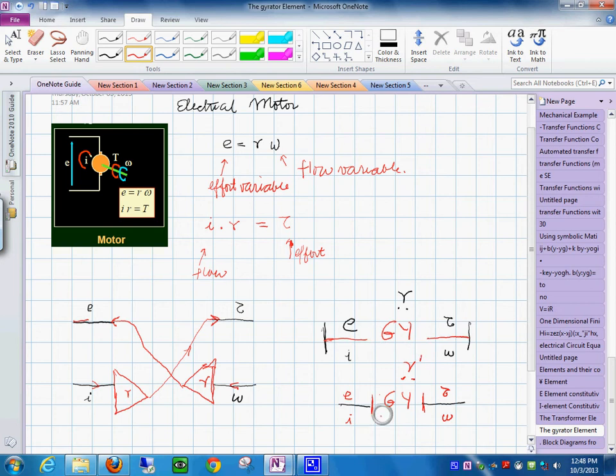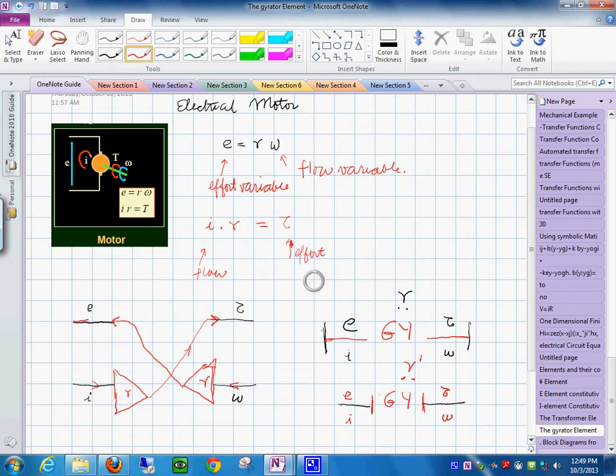This is a two-port element, power conserving. But if we were to do it in the mechanical domain or even a hydraulic domain, by now you know that the structure is the same.